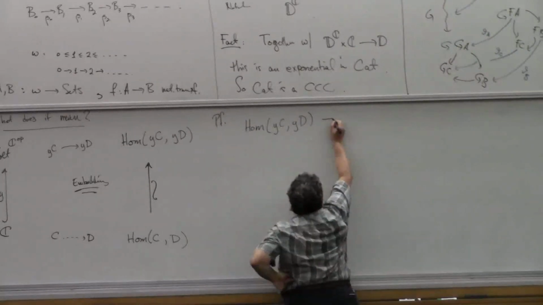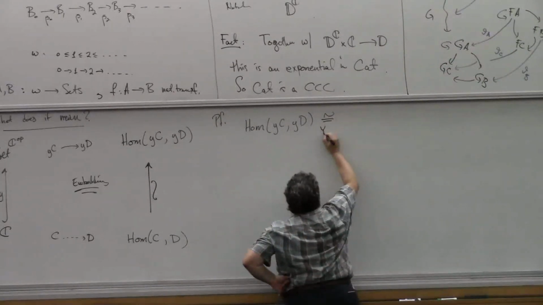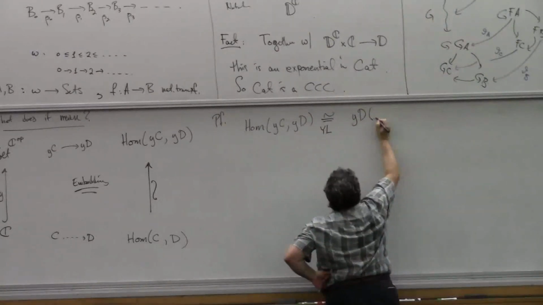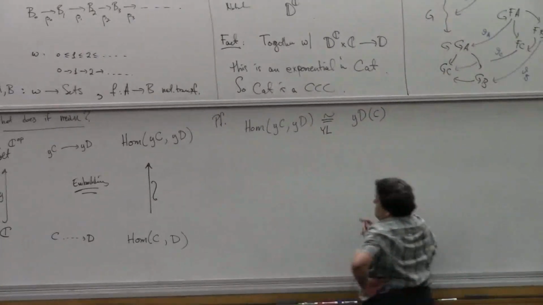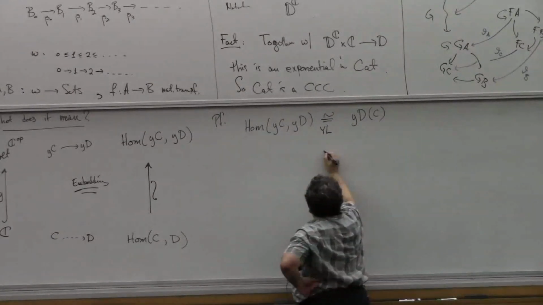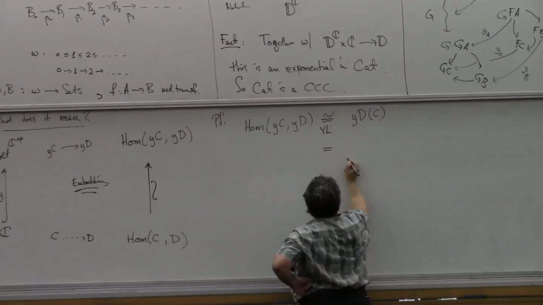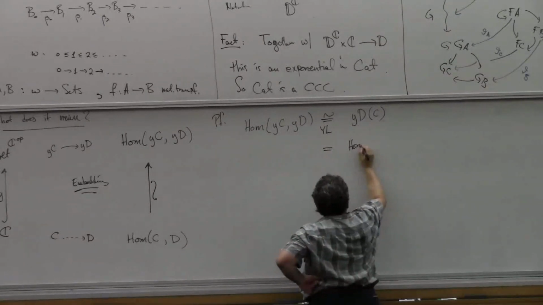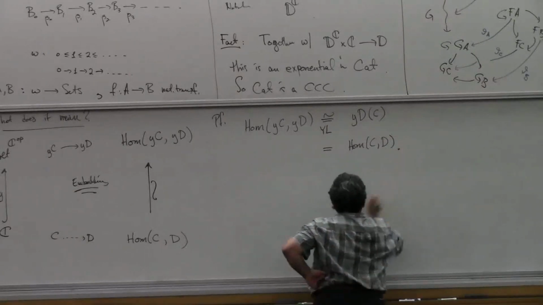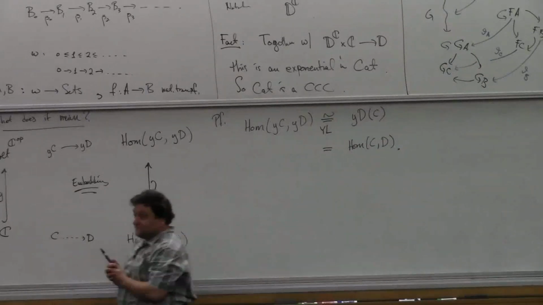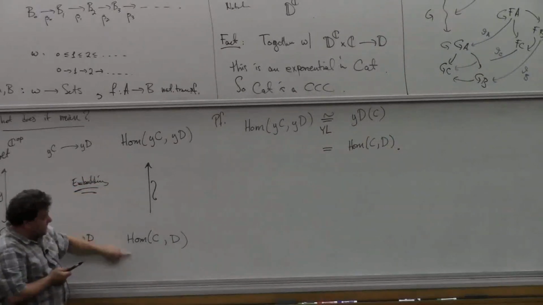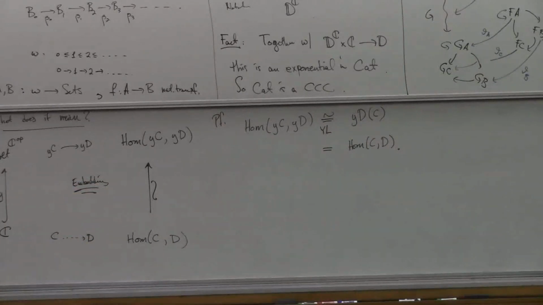Apply the Yoneda lemma to get YD of C. But what is the definition of YD of C? It's Hom(C, D). Good? That's exactly what we're trying to show here.